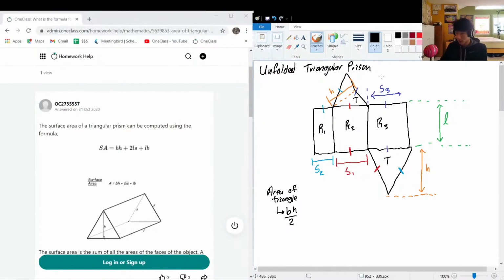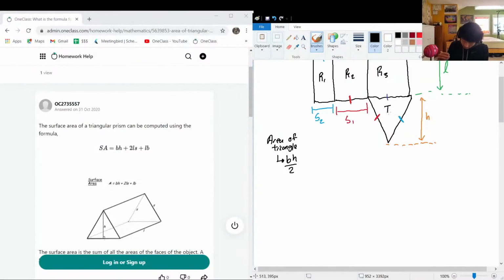Okay, so these are the 3 different shapes, and the total surface area is equal to R1 plus R2 plus R3 plus 2 times the area of a triangle.